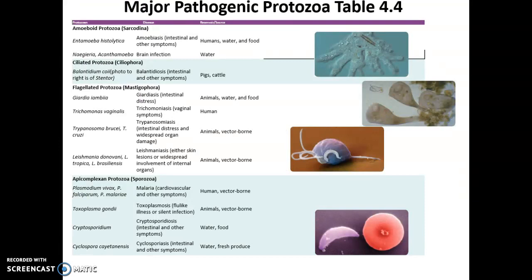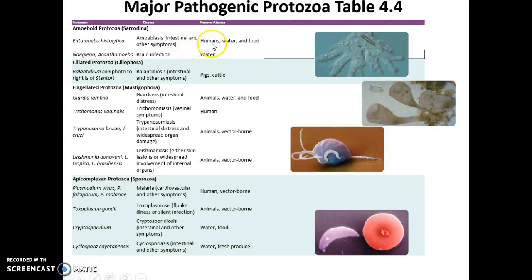Alright, then here you have table 4.4, and it just looks at the major pathogenic protozoan groups. So you have the amoeboid up top. This has Entamoeba histolytica, which is the organism responsible for amoebiasis, intestinal distress.